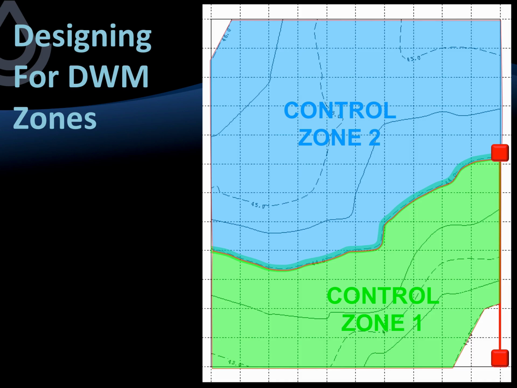So here we might see one option for locating control structures. Now the control structures need to be at the low elevation for that zone, but they could be anywhere on the lowest elevation. We'd like to keep them on the edge of the field, obviously. We don't want to create another obstacle for the farmer in the field. So here's an option with both structures located on the east side of the field.